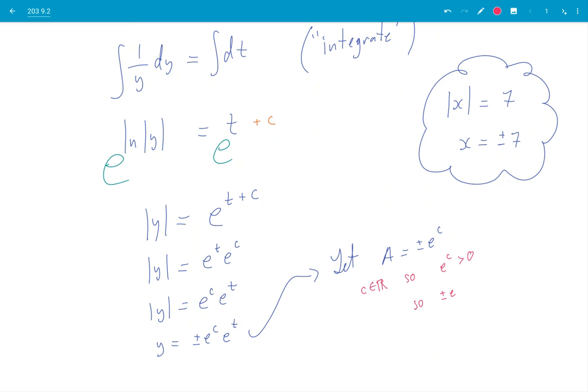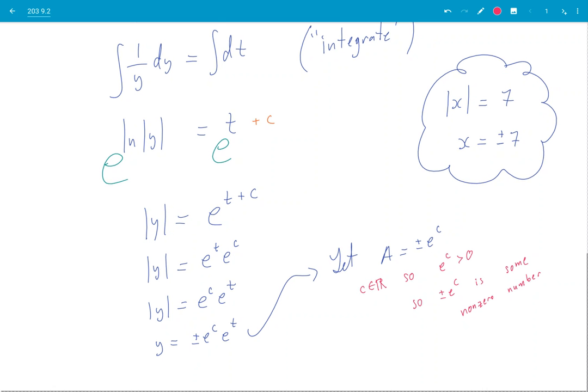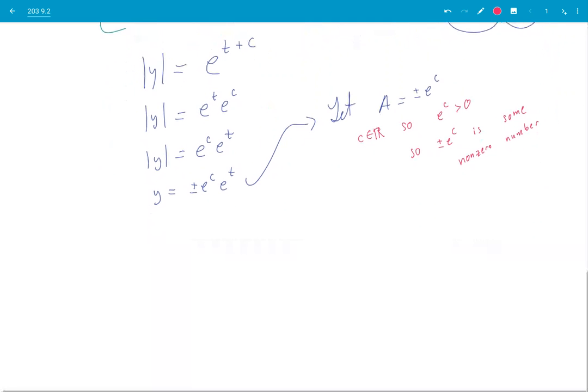So plus or minus e to the c is some non-zero number. Could be negative. Now this stuff in red is kind of messy details.